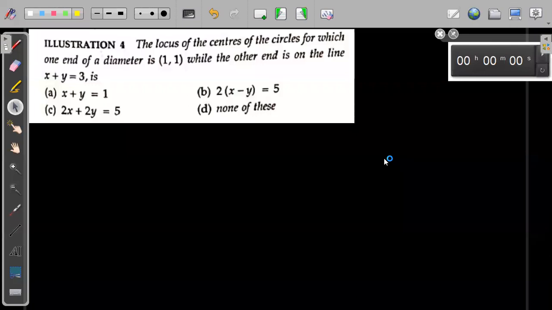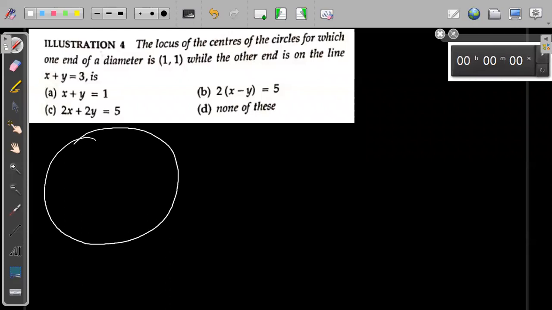Okay, so let's see. They have given the locus of the center of the circle which passes through one end of the diameter, 1 comma 1, while the other end is on the line x plus y equals 3.